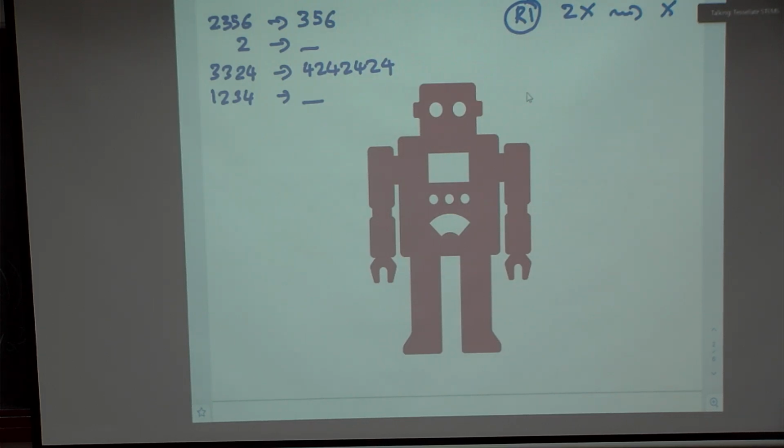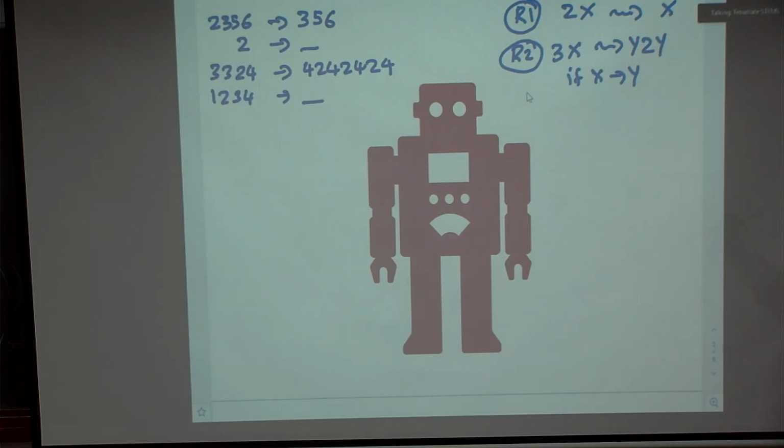And the second rule is that if you give it a number of the form 3x, it starts with the digit 3, the output will be y2y if x gives you y. Let's take some time to understand that.